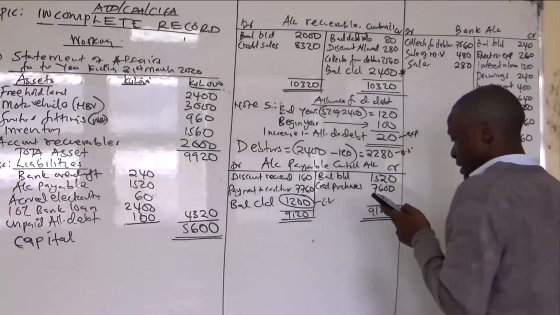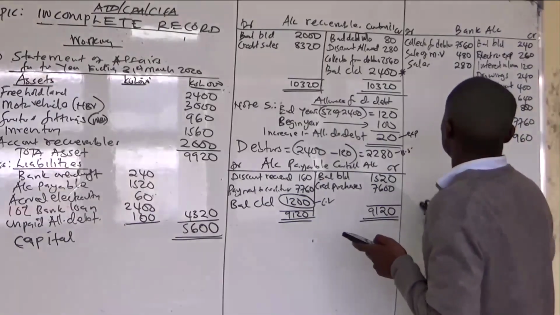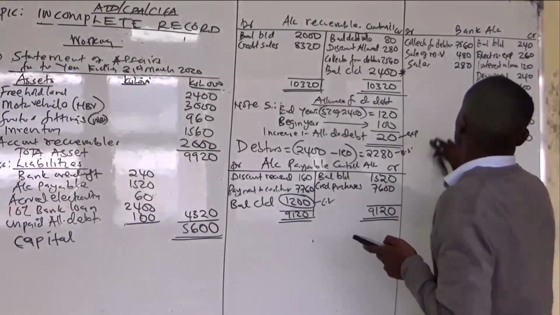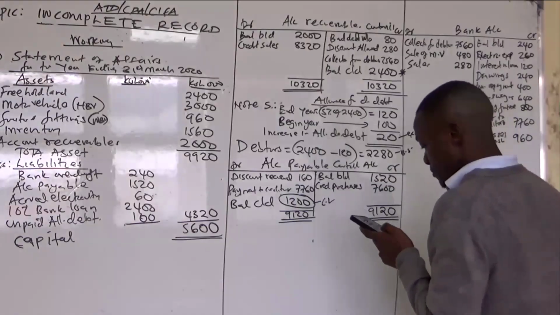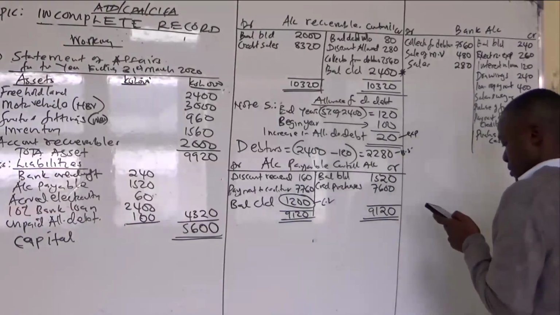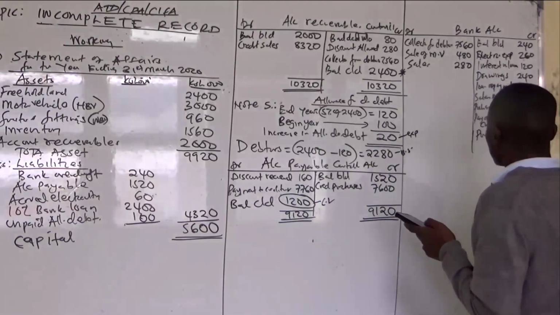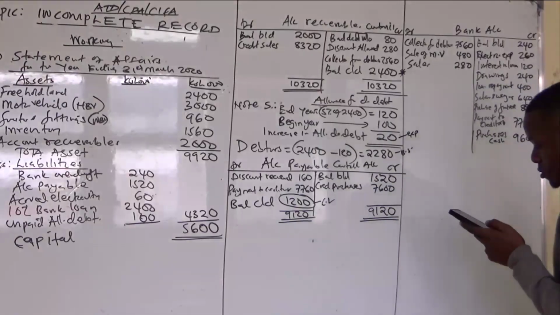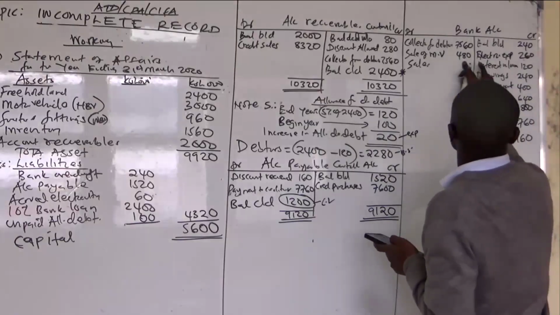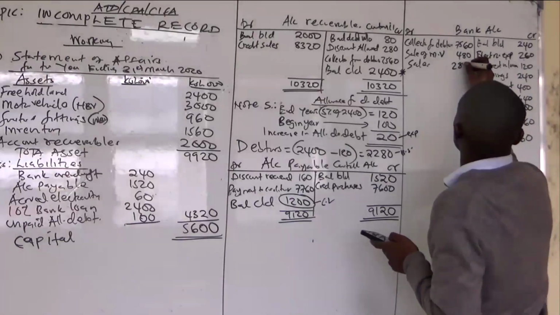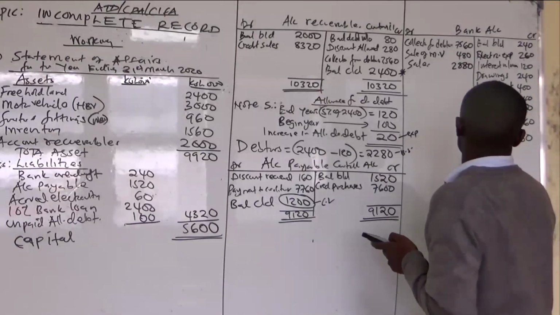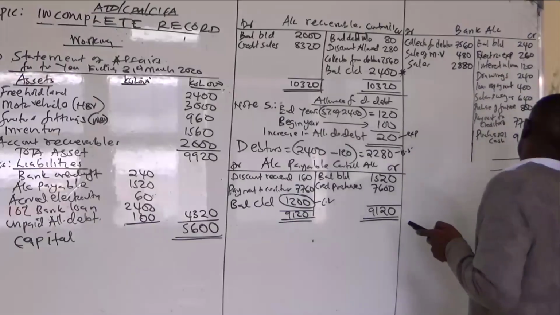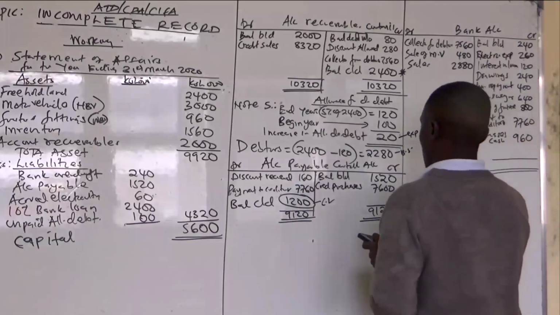Haya, uniambie balancing figure. Itakuwa bank balance ama itakuwa overdraft still? So this one can be any side, huku ama huku. This one should be 20. Balancing figure inakuwa side gani?